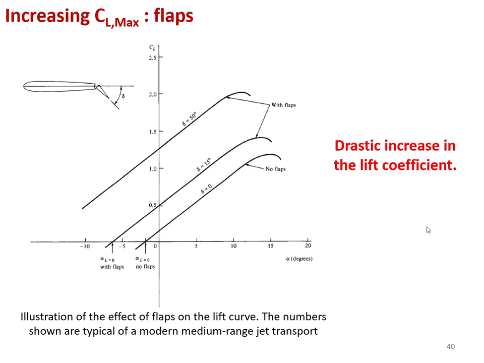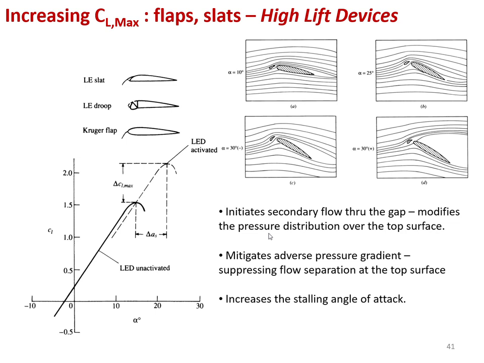As you can see, increasing the flap angle even further to 50 degrees has increased the maximum lift coefficient significantly. So this is a very effective, very good method to increase the maximum lift coefficient.